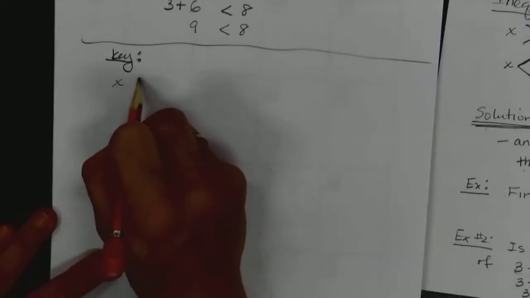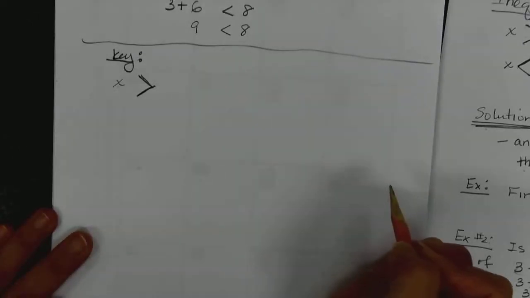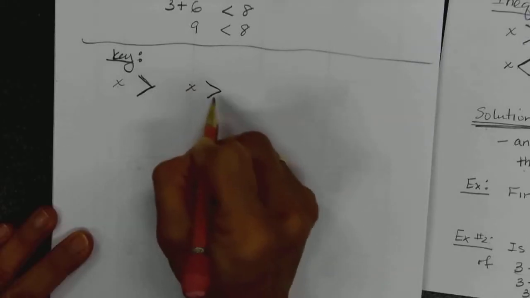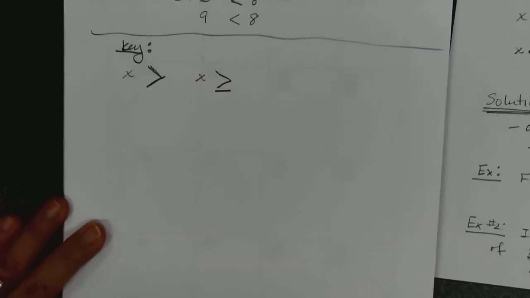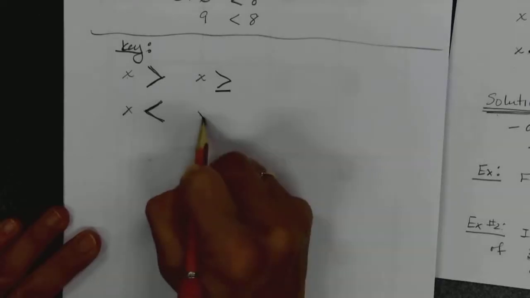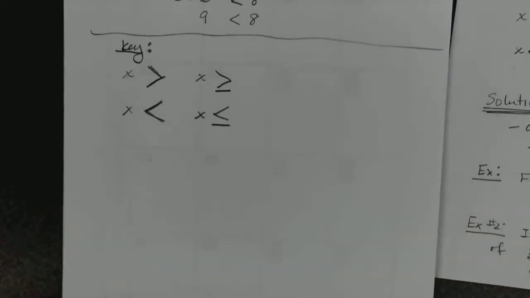So if I put the x, I got this symbol, right? It's greater than. I'm going to also do x is greater than or equal to. And then I got x is less than, the pointy end is the less than side. And x is less than or equal to. So we're making a key.